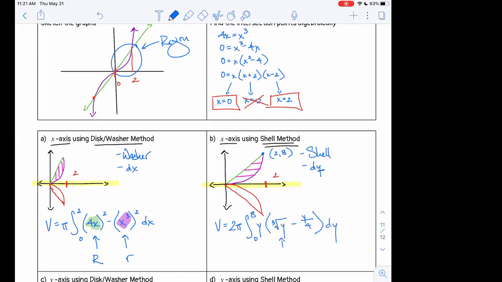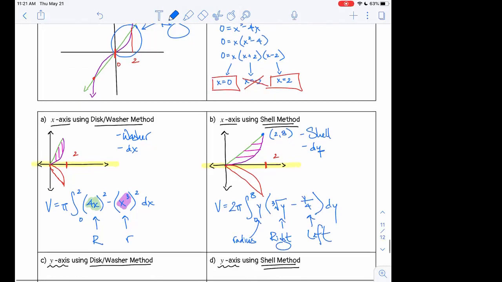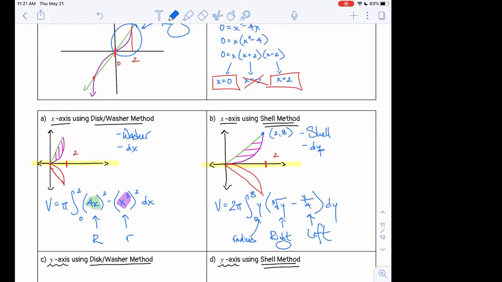So this was my right curve minus my left curve, and this y is my radius. All right. So we've taken a problem and we've identified our region and we've set it up using 2 different methods. But no matter which method we pick, we should get the same answer for A and for B.